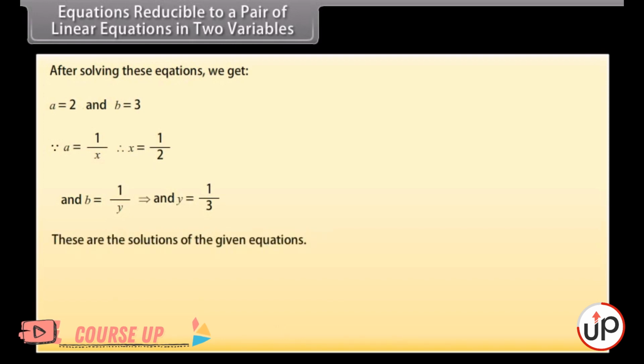After solving these equations we get a = 2 and b = 3. Therefore a = 1/x gives x = 1/2, and b = 1/y gives y = 1/3. These are the solutions of the given equations.